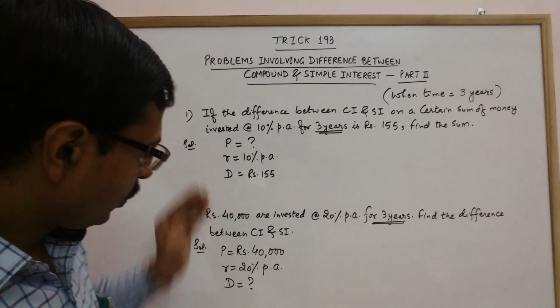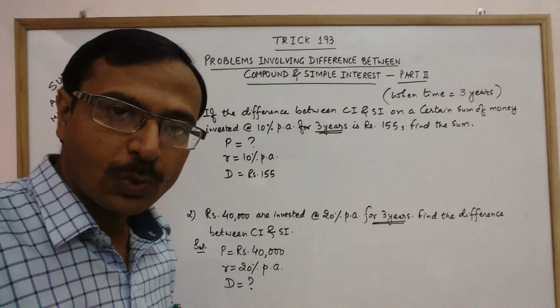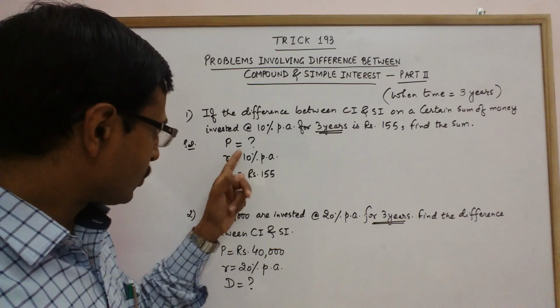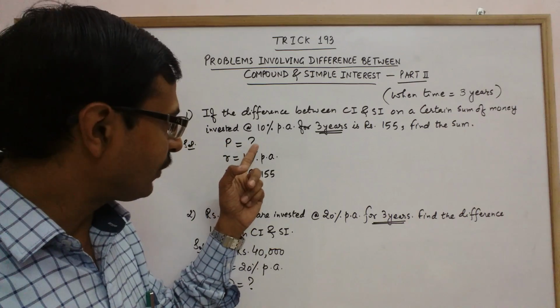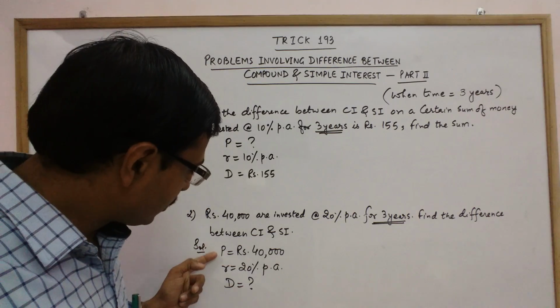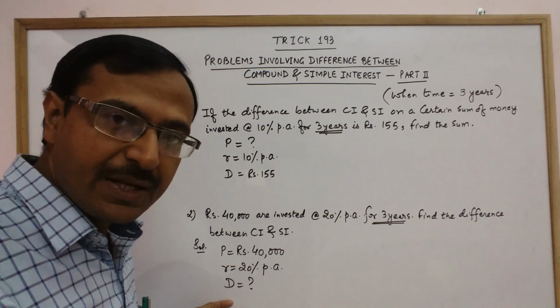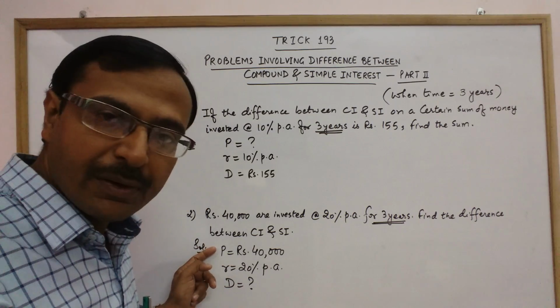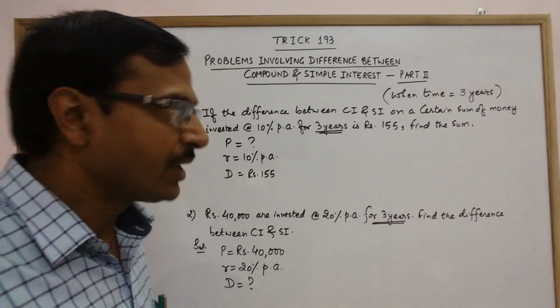So you see two problems, they are similar in nature, only thing is the variable which is to be found out is different. Here we need to find out the principal amount P given R and D, and here we need to find out the difference D given principal and the rate of interest.